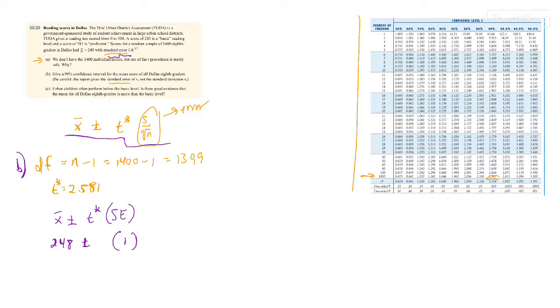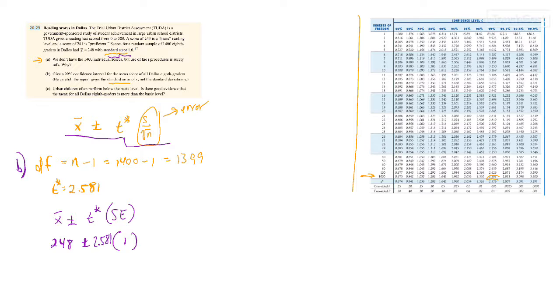And then the t statistic that we got was 2.581. So what this is saying is that our confidence interval is 248 minus 2.581 and 248 plus 2.581.